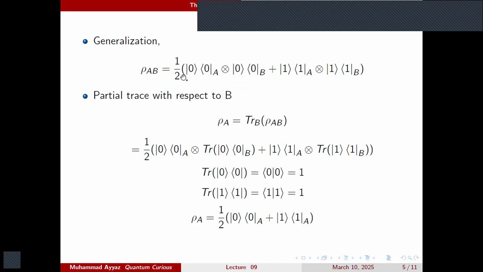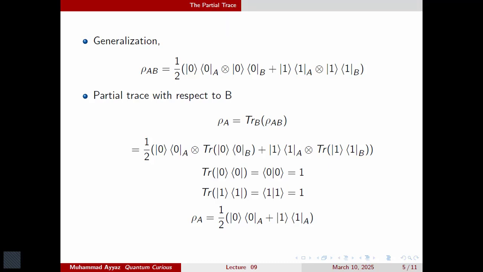Generalizing this procedure, we can introduce the concept of the partial trace. We have again the state ρ_AB prepared by a process that generates these two states randomly, and we want to know the reduced state of system A, the subsystem A. It can be obtained by taking the trace over B. If we take the trace over state B, it can be easily simplified, because using the cyclic property of the trace, we can convert this trace into an inner product.